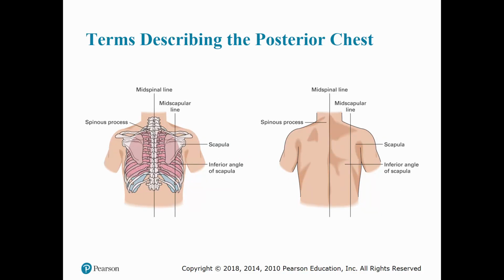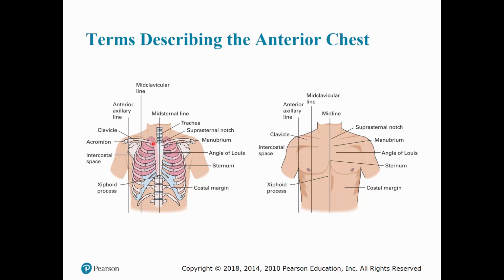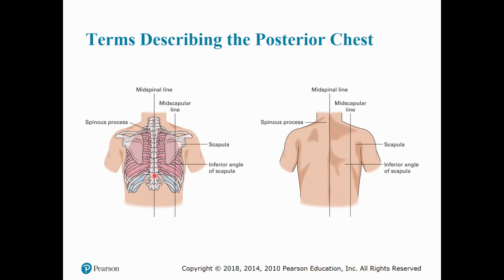For the posterior chest, you have your spinous process. These are the bony back ends of your spine. You have your scapula, your mid-spinal line. We had the mid-sternal line, and we have a mid-spinal line.